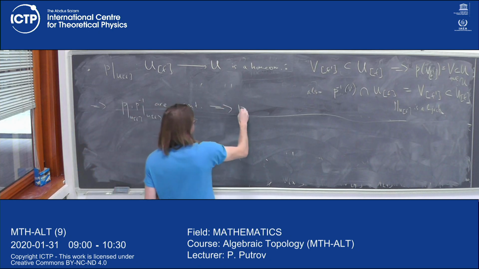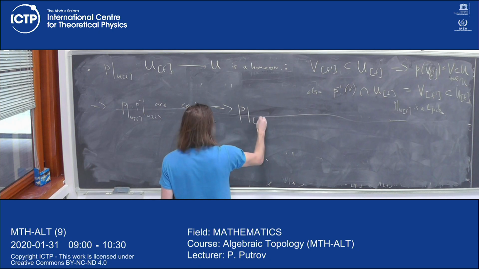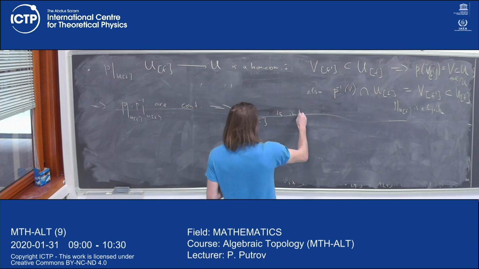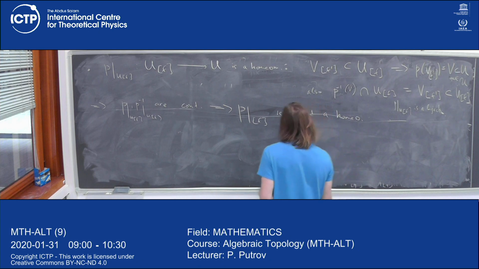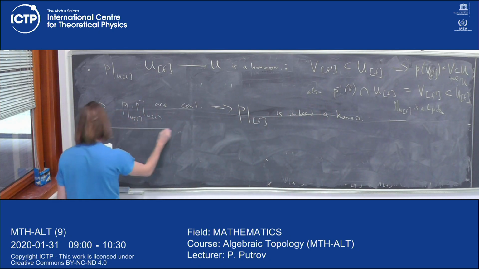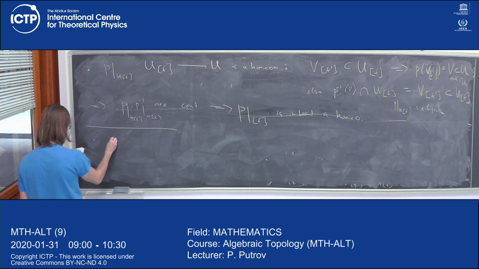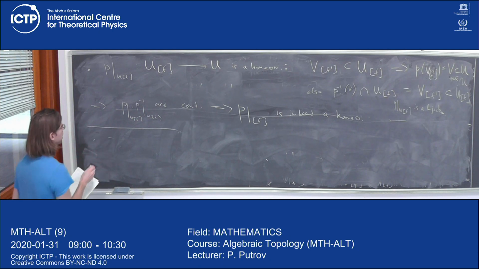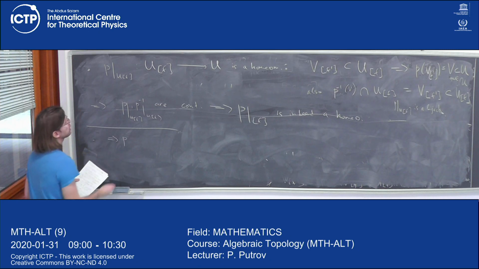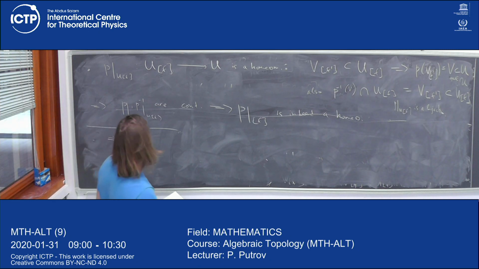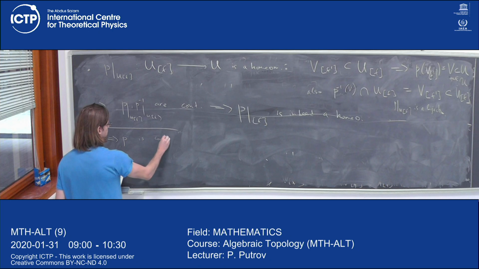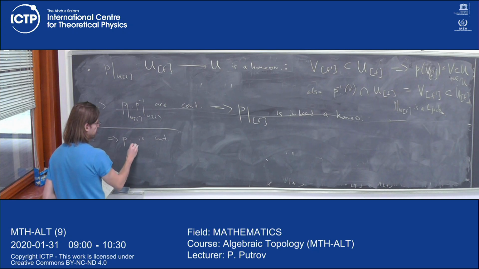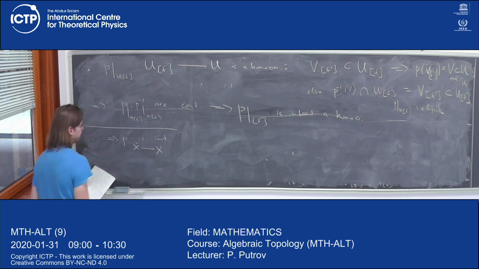This means that P is indeed a homeomorphism. And you can do this for any neighborhood, for any point, and this implies that the whole P is continuous now. This P was a map from X tilde to X.